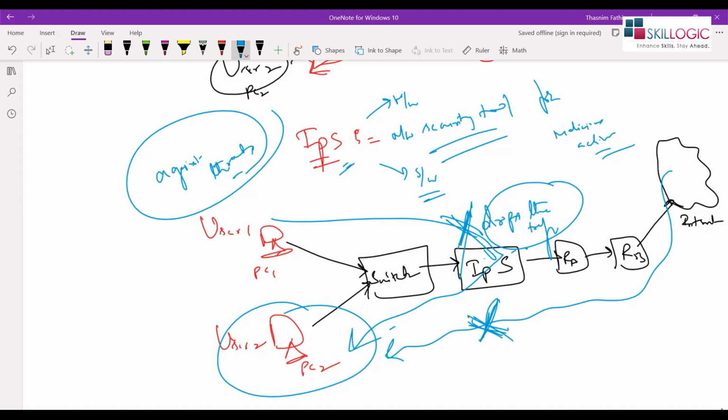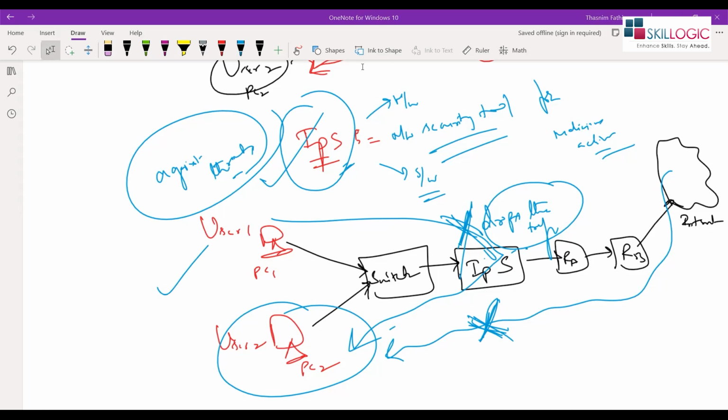The IPS engine analyzes the network traffic here and continuously tries to compare the bit stream with its internal signature database for known patterns, and for unknown anomalies it can also easily identify. Even it can detect a new anomaly, new virus, and help us in preventing the attack. So this is the complete explanation of firewalls, IDS, and IPS.